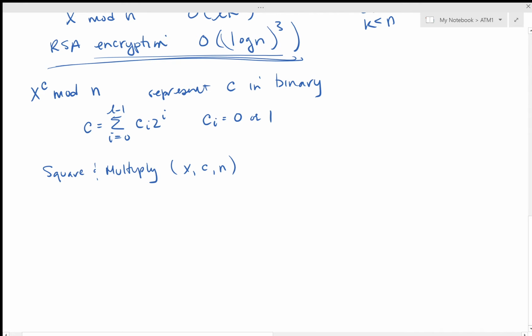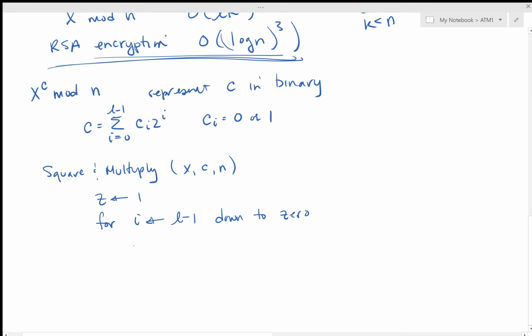I'm going to take a variable z, which is initialized to 1. Then for i starting at L minus 1 down to 0. What is L? L is the number of binary bits in c.